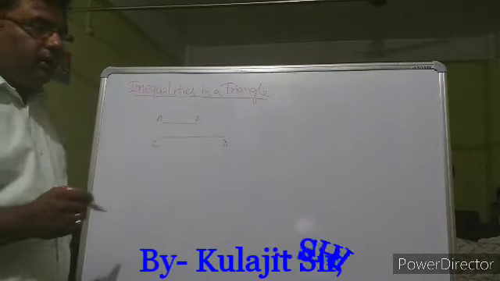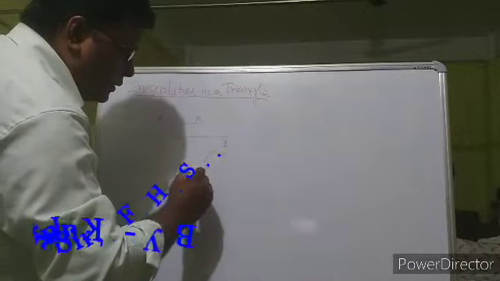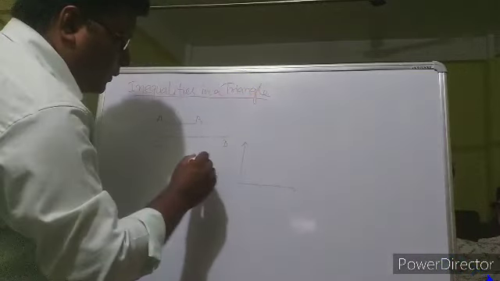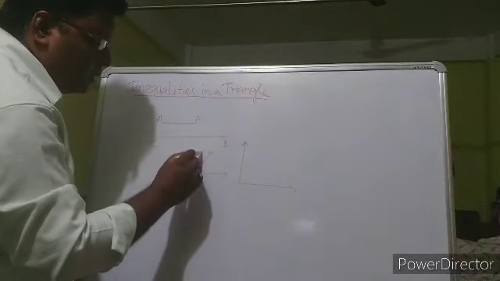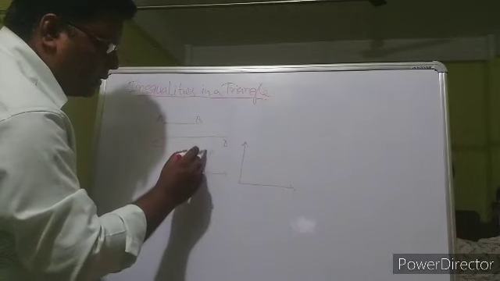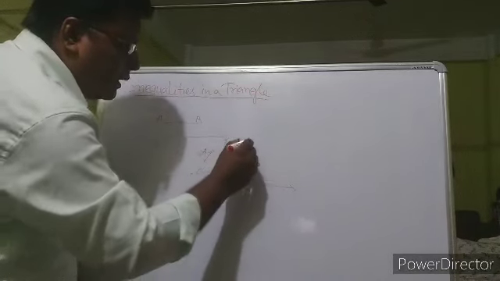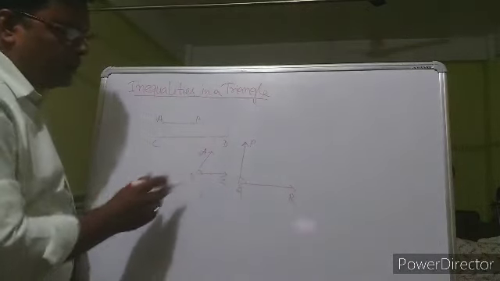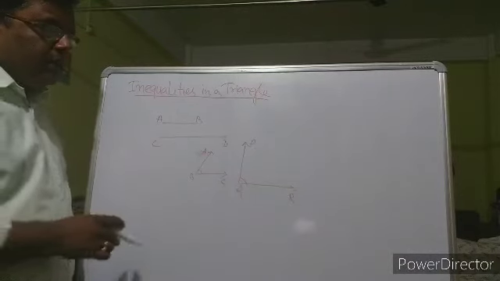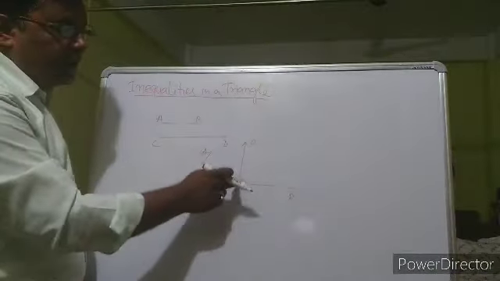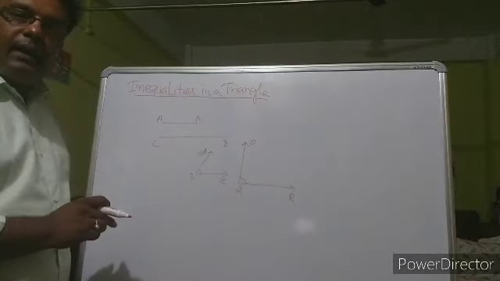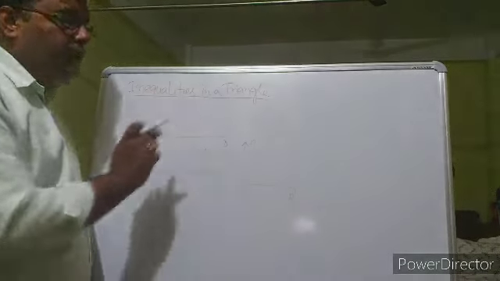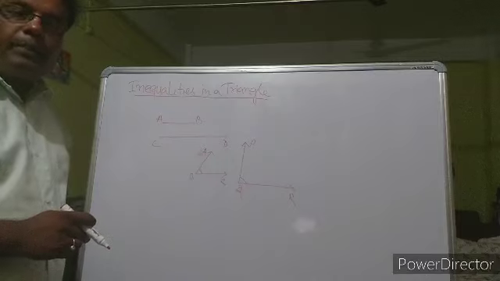Now if we draw two angles, suppose A, B, C and P, Q, R. These two are angles. Which one is greater? Obviously this angle PQR is greater than ABC, or you can write that ABC is smaller than angle PQR. So this is called inequality.